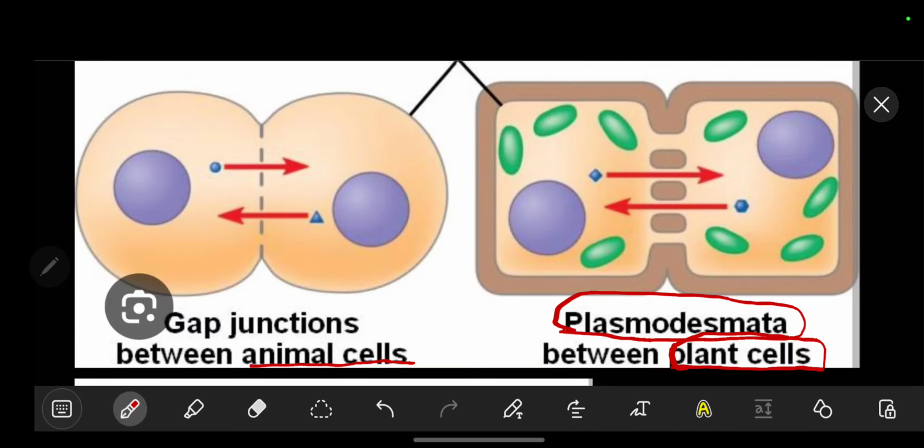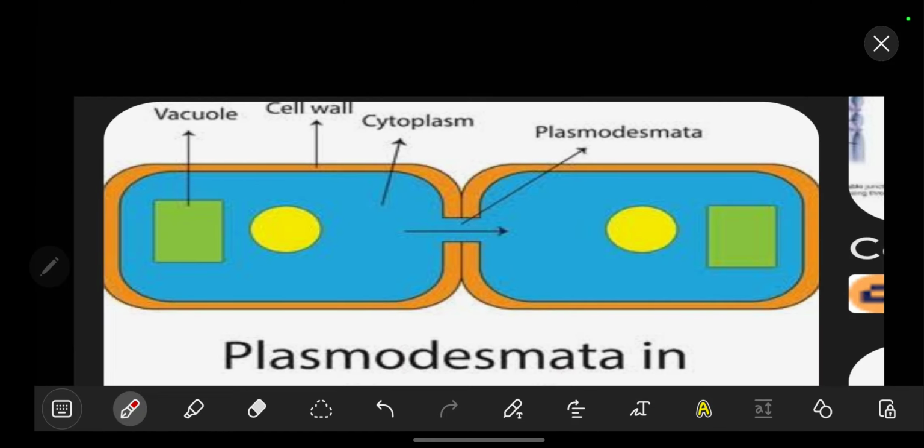First, let's begin by defining what plasmodesmata are. By definition, plasmodesmata are small mini channels that connect two adjacent cells. Plasmodesmata allow two adjacent cells to communicate, and also allow the transfer of substances, or rather very small ions.